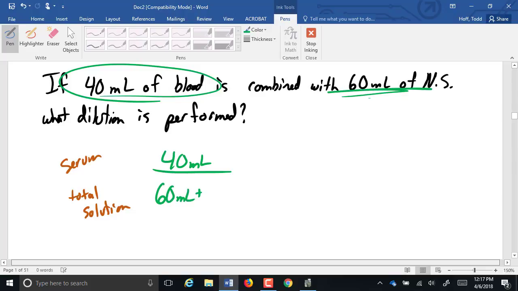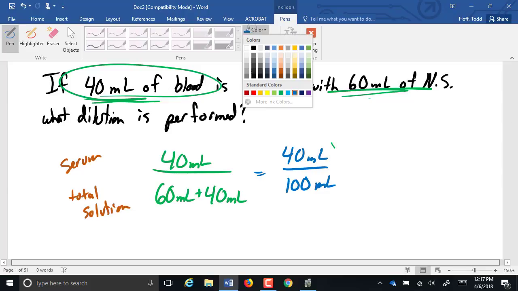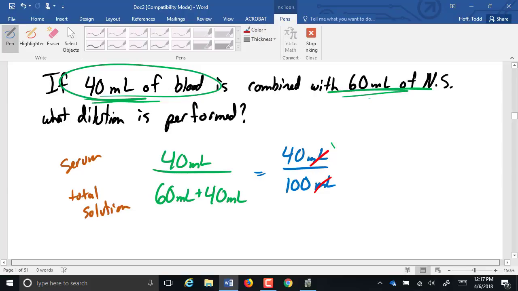It's 60 milliliters plus the 40 milliliters of blood. So that gives us 40 milliliters over 60 plus 40 is 100 milliliters. And yes, the units do cancel out. I can reduce both of those numbers by 20 to get 2 to 5, or a 2 in 5 dilution.